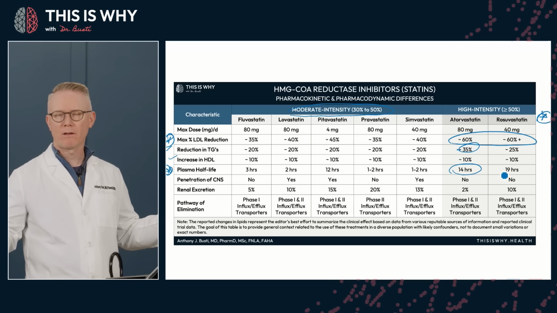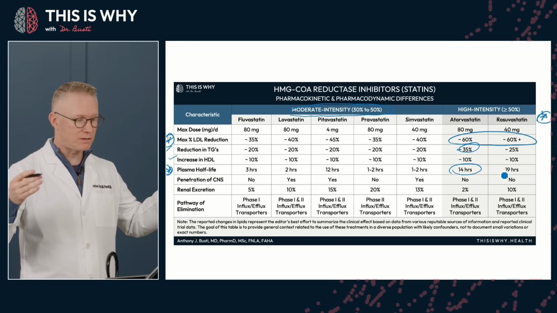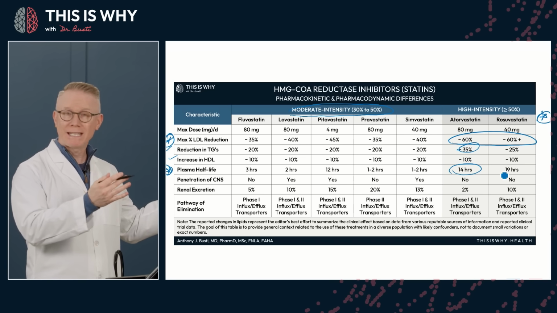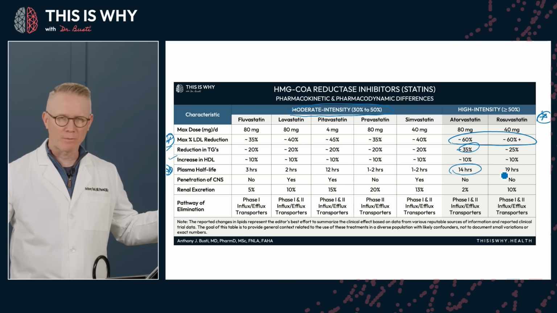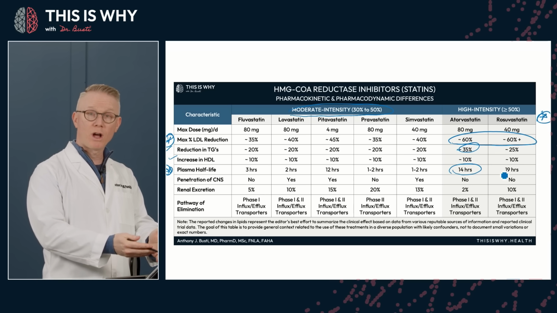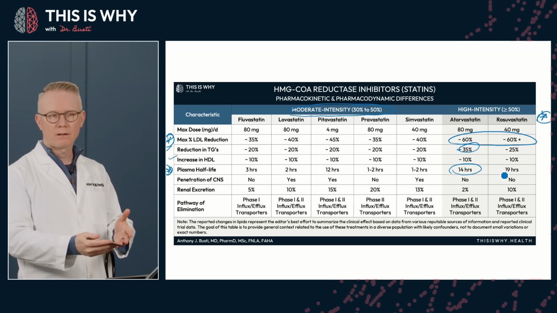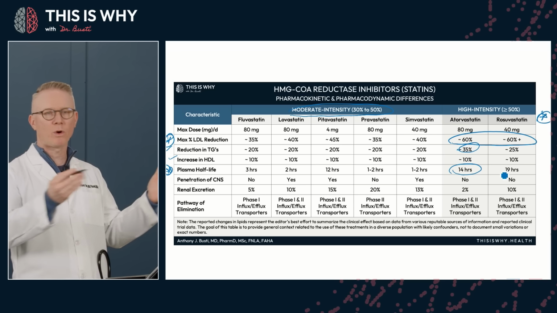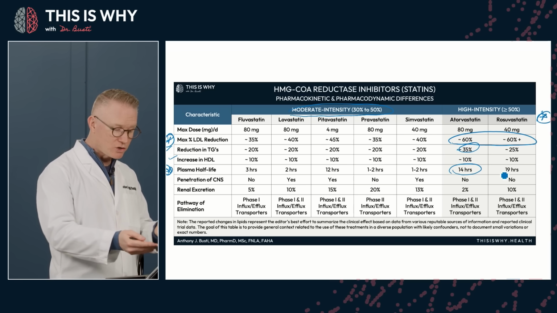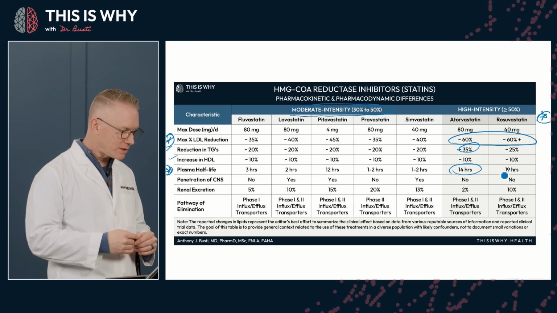Why would that matter? Well, because some patients can't remember to take something at night. Maybe they get up in the morning, they have a routine, and they take all their medication, and that's the only way they're going to remember it to be compliant. Well, then use a drug, assuming they can tolerate it, that's a high potency statin, gets them the LDL lowering, but it also gives them that pharmacokinetic variable that works for them. Okay, it's also potentially a little bit more forgiving, right? Depending on the time of day.